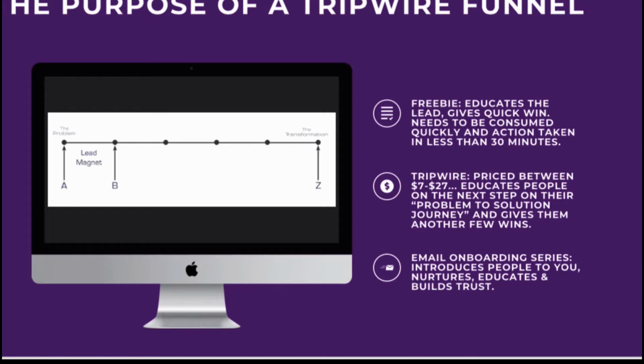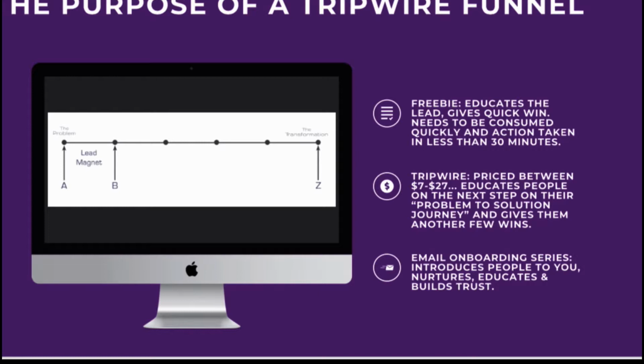The tripwire itself, which is step B in this graphic, is usually priced between $7 to $27. Why 7 to 27? Because it's a low enough cost for most people to immediately say yes to. Even somebody who struggles in business will most likely say yes if you offer them a little priced tripwire between $7 to $27 that solves the next problem along their journey.